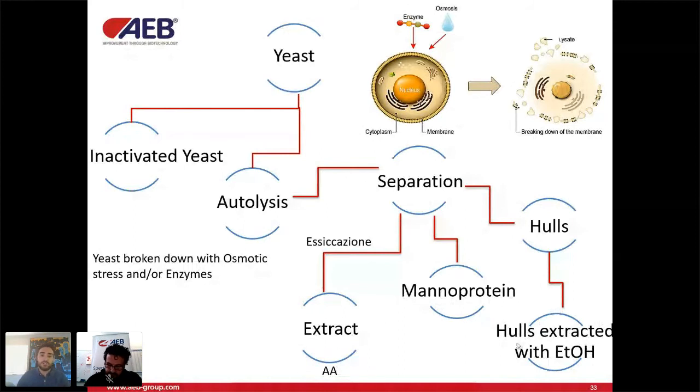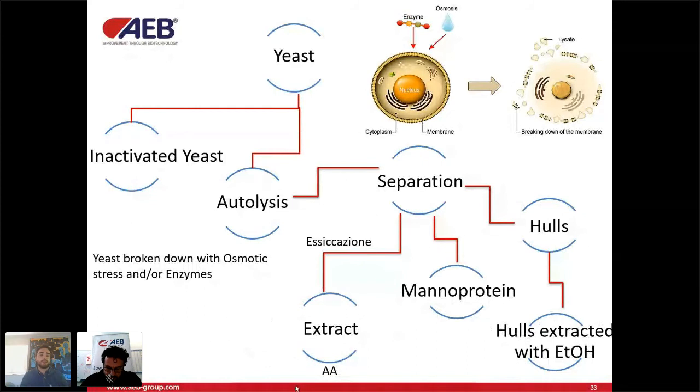So each of the three components have different physiochemical characteristics, and they have three different effects on wine. The mannoprotein are used to improve the tartaric stability, are very soluble, and they help the colloidal stability of the wine and also increase the viscosity.